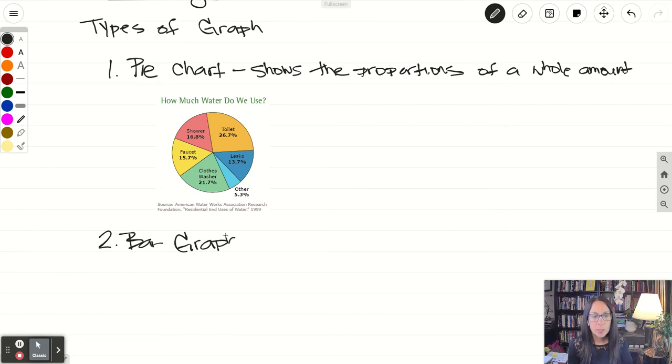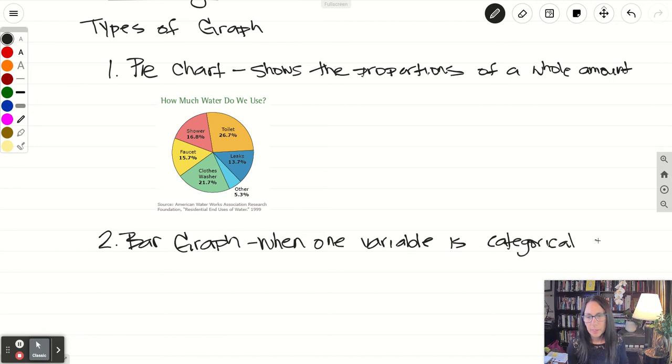Okay, so the next type of graph is called a bar graph. And so you use a bar graph when one of the variables that you are graphing is a categorical variable and the other one is a numerical variable. So a bar graph, I'm going to say, is when one variable is categorical and one is numerical.